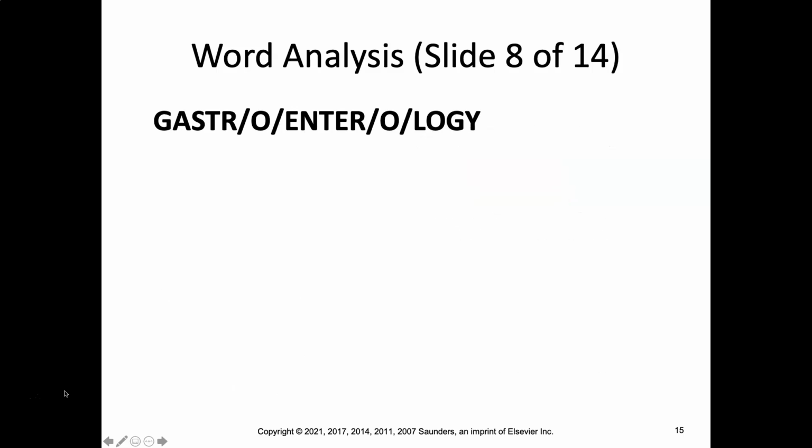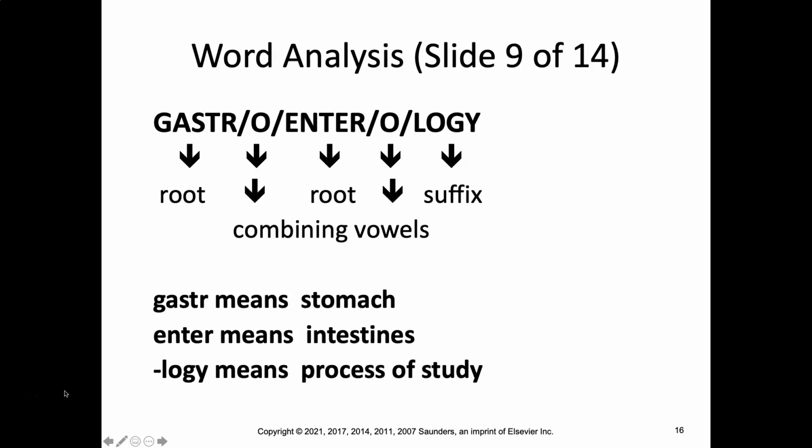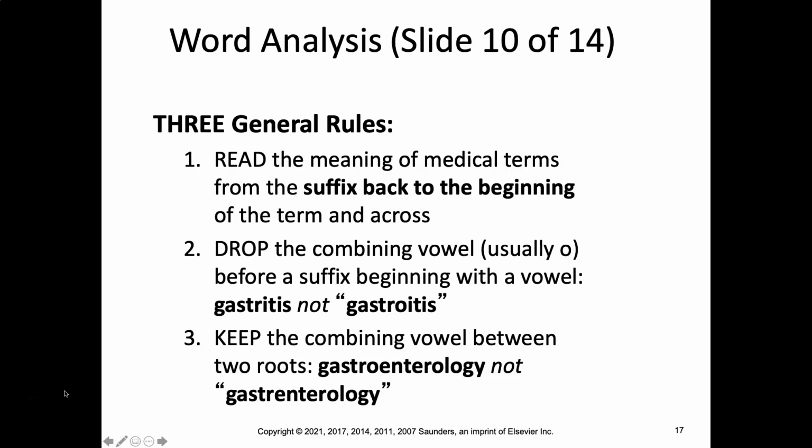Gastroenterology. You have two roots again with a suffix and you have combining vowels. So reading back to front is the process of studying the stomach and the intestines, or study of the stomach and intestines.